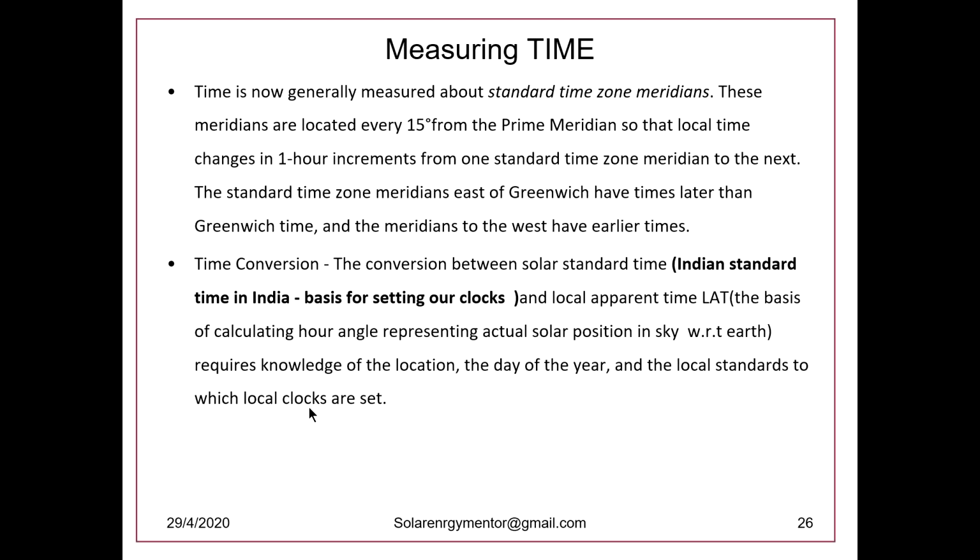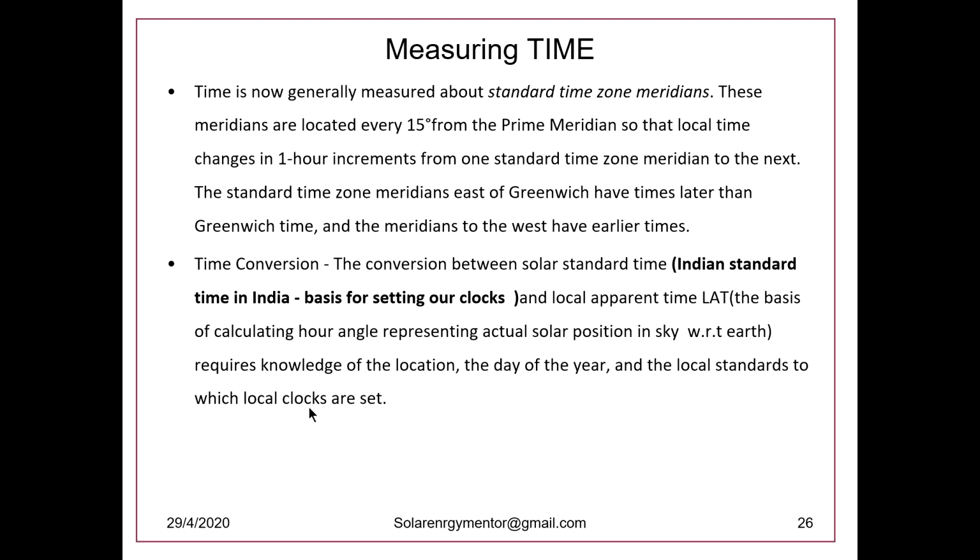Local apparent time is useful for us in calculating the availability of solar energy. LAT forms the basis of calculating our angle, representing actual solar position. So LAT indicates the actual solar position in the sky with respect to the earth.